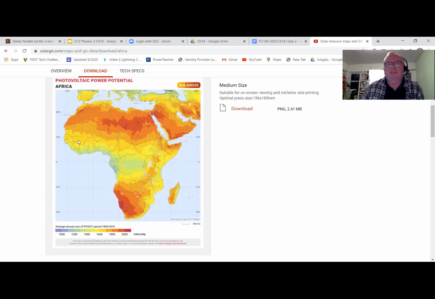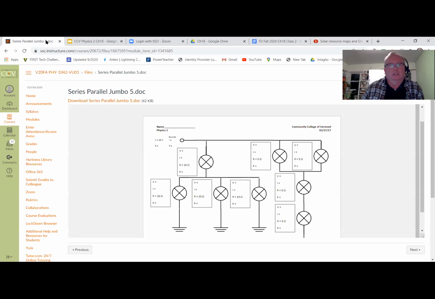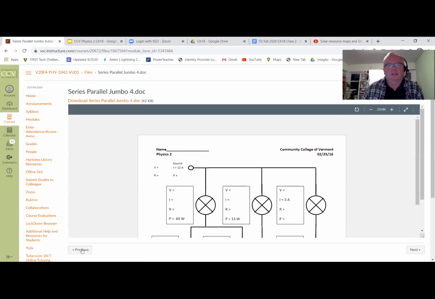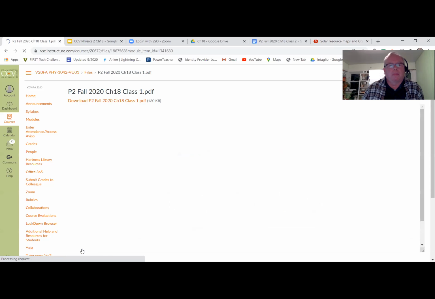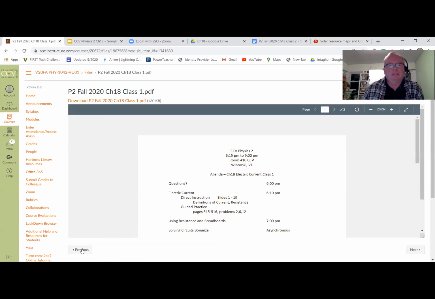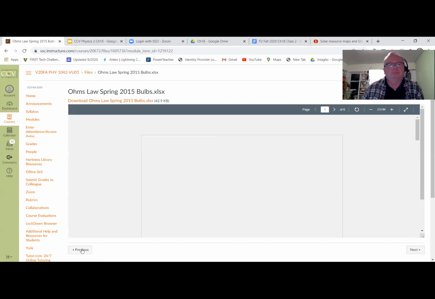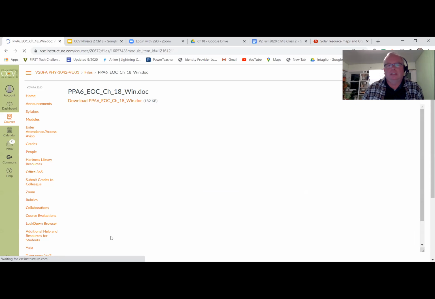So I'm going to go back to taking a look at Canvas and take a look at these modules. And I'm going to give you an example of an off-grid application.